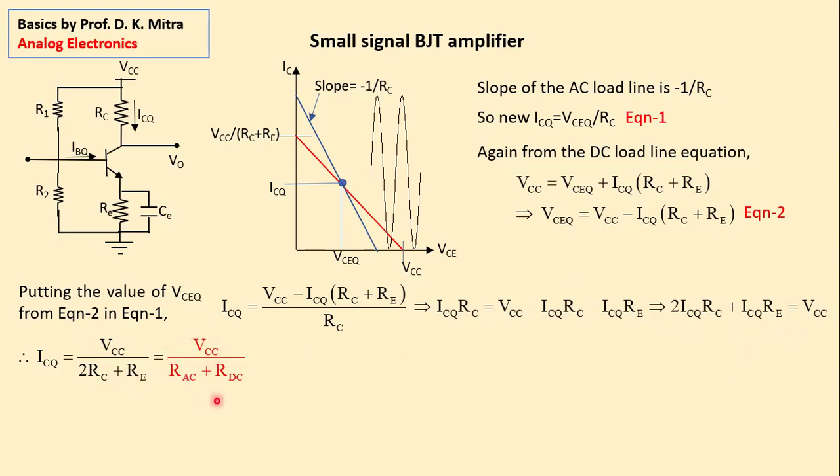And this red equation I have shown is the equation that engineers use, because we said earlier that RC plus RE is RDC and only RC is RAC. So this is actually RAC plus RDC. ICQ is equal to VCC upon RAC plus RDC. Then we can find out VCEQ from equation 1.